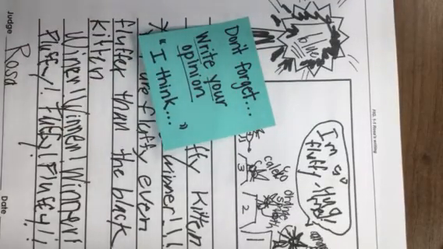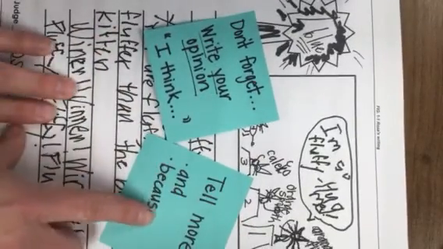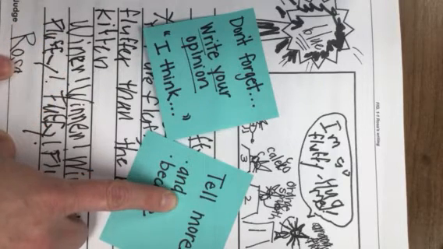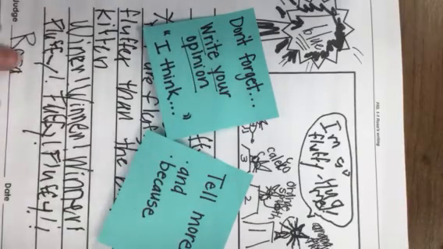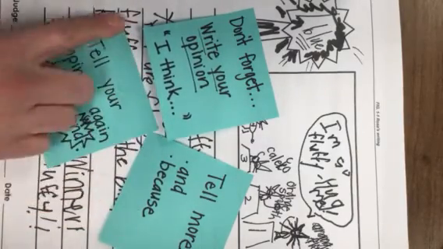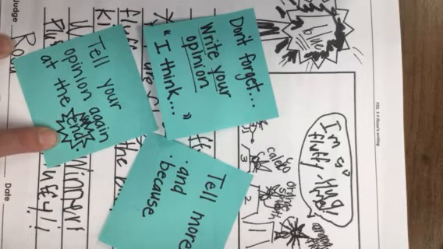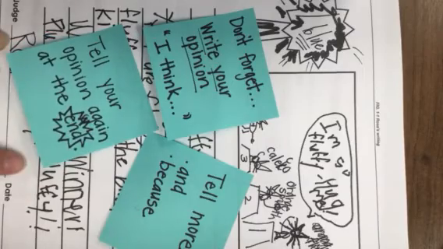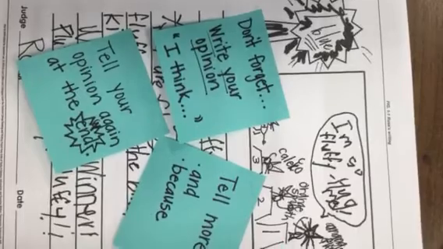I would also tell my friend to remember to tell more by using the words "and" and "because." What else can she tell me about Orange Fluffy Kitten that makes her the best? And the last thing I might share with my friend is to tell her opinion again at the end. To wrap up her writing, she needs to state her opinion again. That will help finish up the story in a good way.